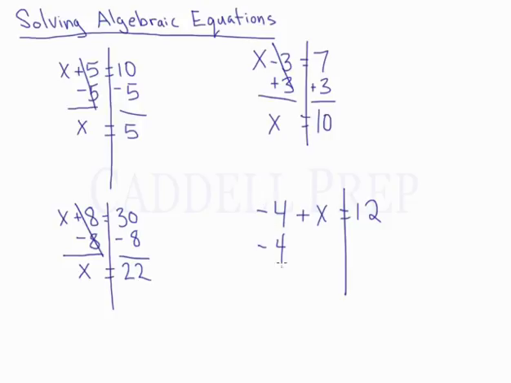But that's not going to cancel this out. Negative 4 minus 4 is negative 8. We want to get rid of this term. So what we should do instead is add 4 to both sides. Now that's gone. And we have x on the left side, and 12 plus 4 is 16. So x equals 16.